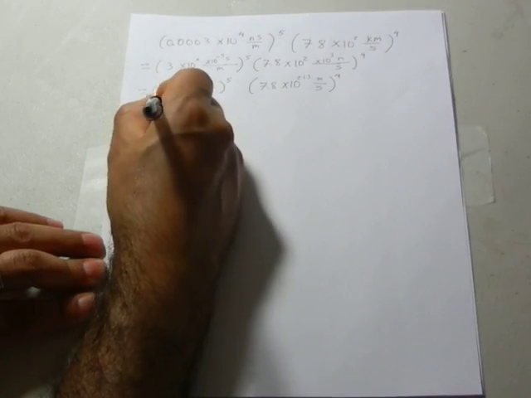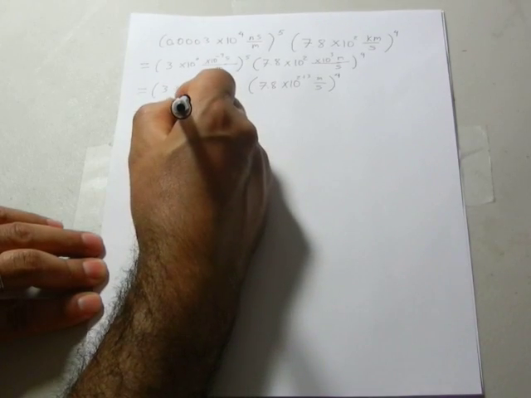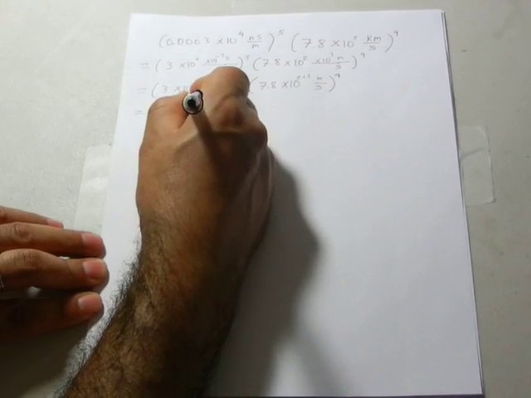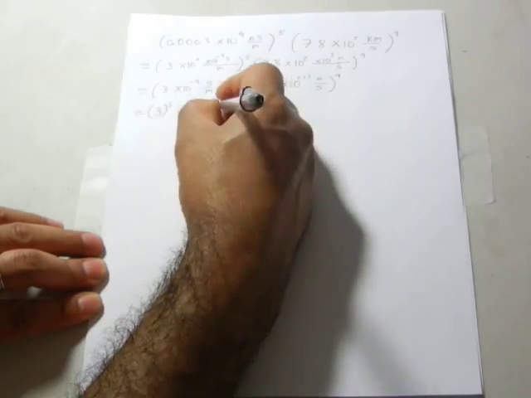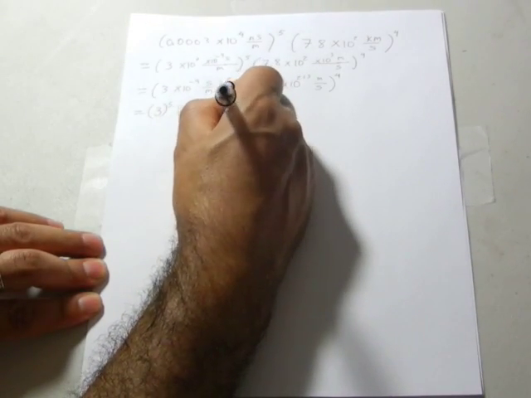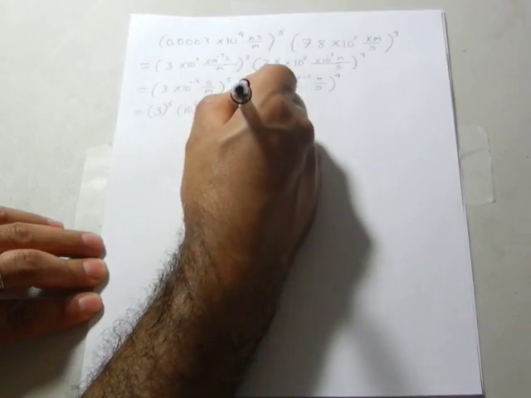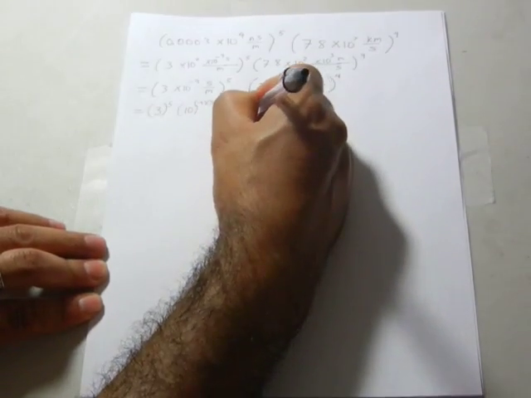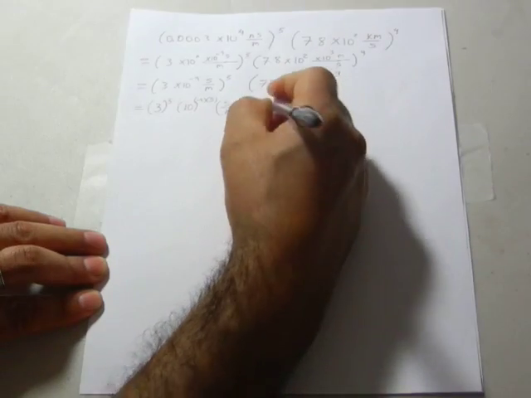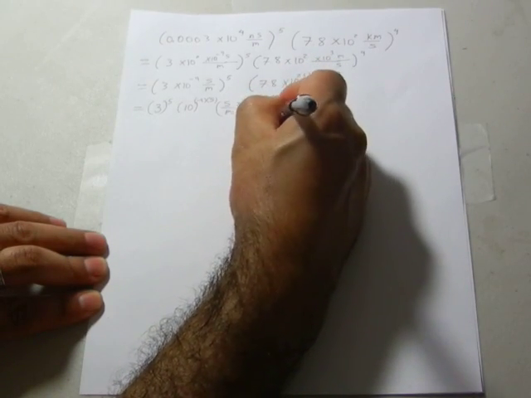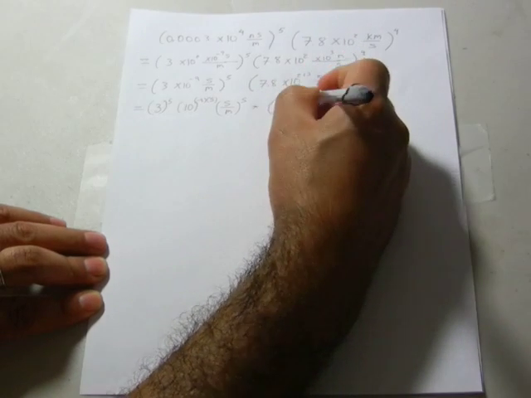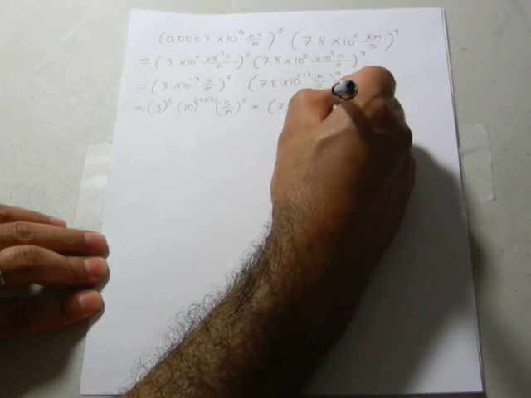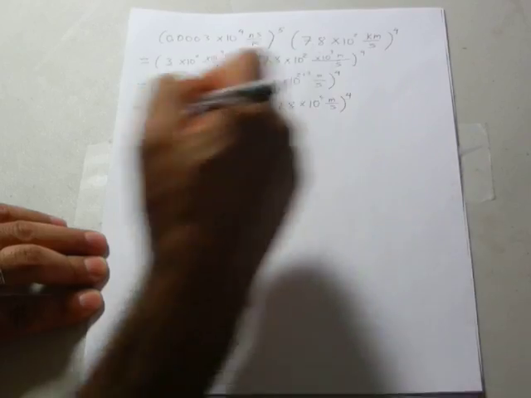So 3 to the 5th power, and 10 to the negative 9 times 5. Powers and powers we multiply, and seconds and meters to the 5th power, times what we have here. I'm still working on this part. 2 plus 3 is 5, meters per second to the 4th power.